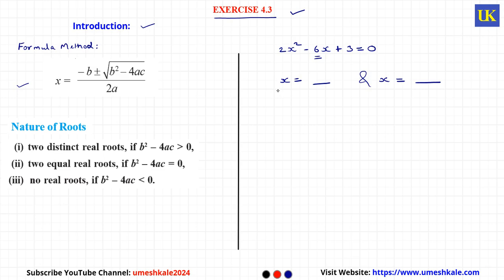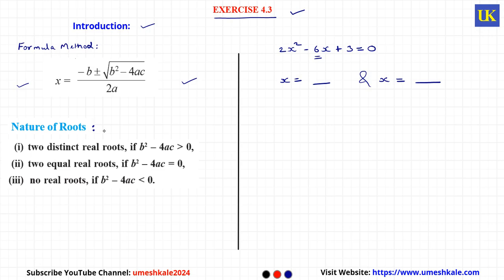Now here, instead of using the middle term split method, we will be using this formula method, and we'll take these values, input them in the formula and get the value of x, two values of x. Now here there is one thing called nature of roots. Nature of roots means what?